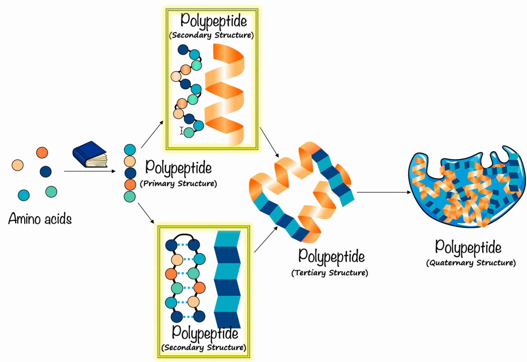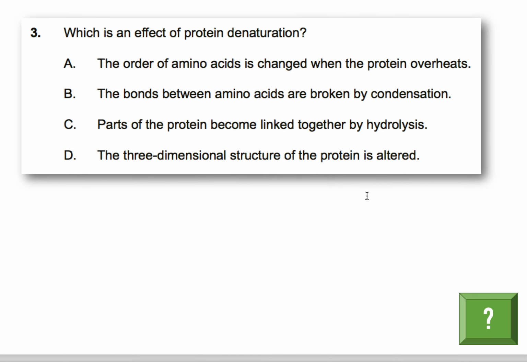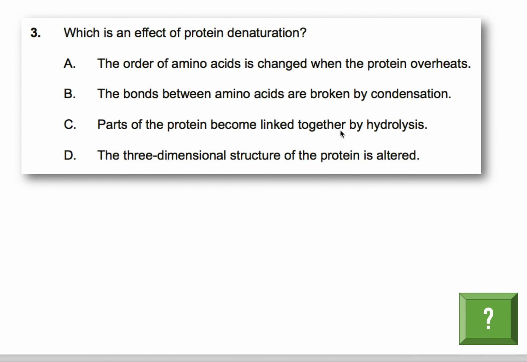They can be folded in weird ways to become a helix or a beta pleated sheet, and then these can interact with each other to form a full protein. So denaturing is breaking this 3D structure and reversing it back into pretty much the original chain of amino acids. That's what denaturing means. But if you don't exactly get what I mean here, you need to go check out my teaching video where I explain this much more slowly and carefully.